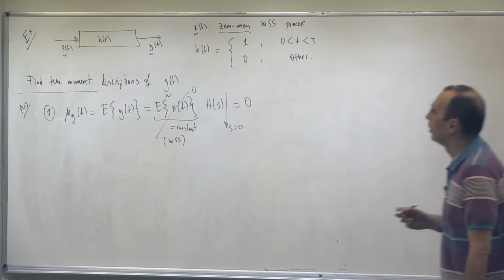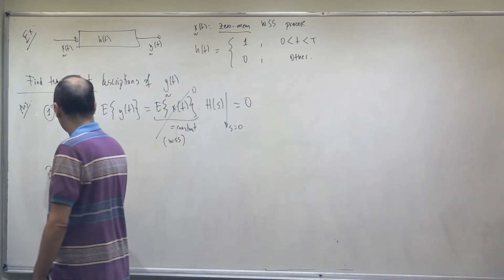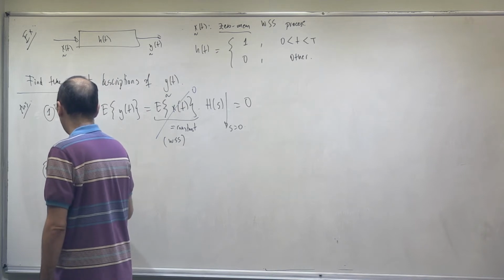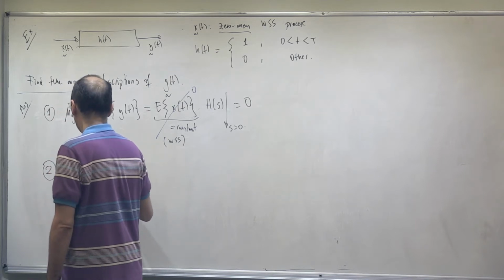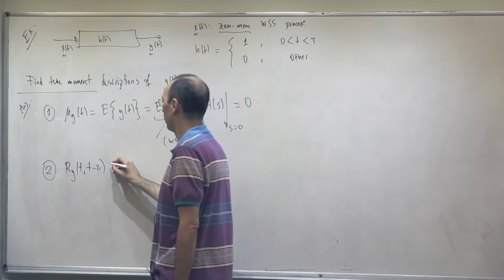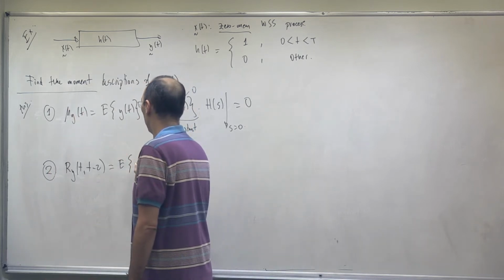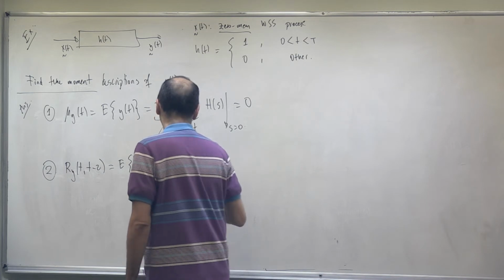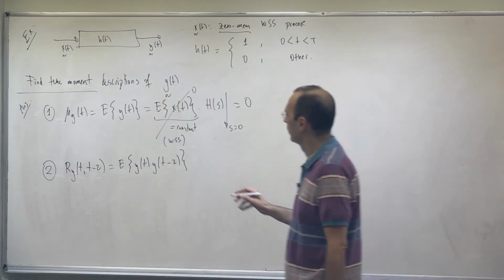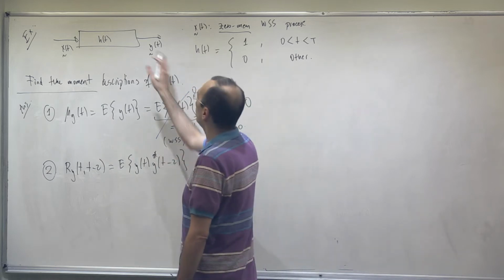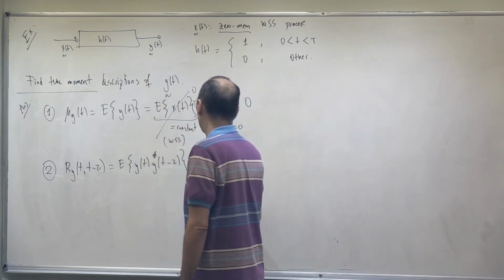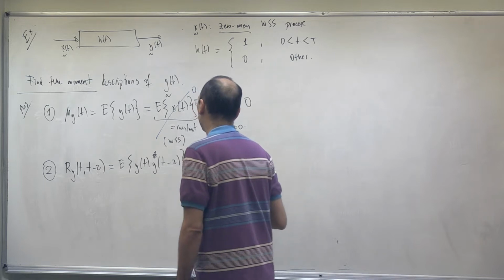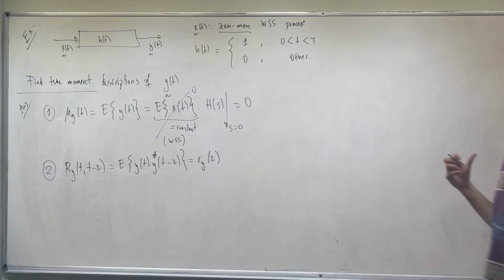That is good. Now, the second one, output autocorrelation. So let me write this one last time, like this. Expected value of y of t times y of t minus tau. Also, let's put the conjugate, even though everything is real valued over here. So I have what I call Ry of tau, from our earlier discussion.